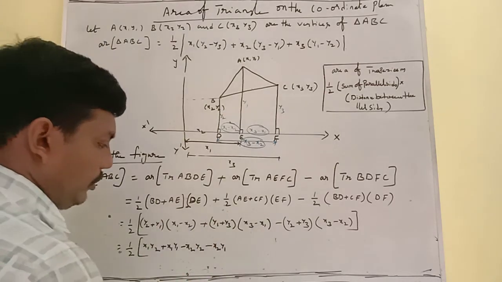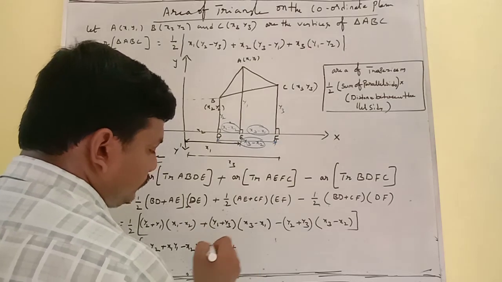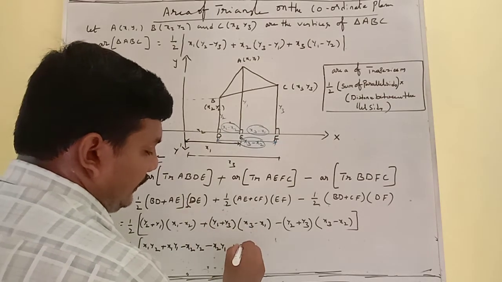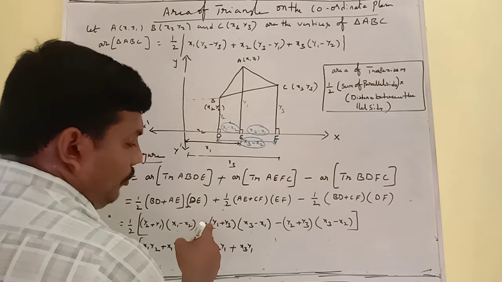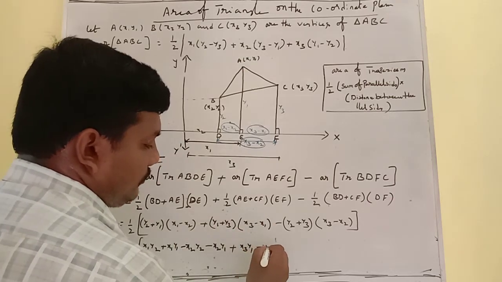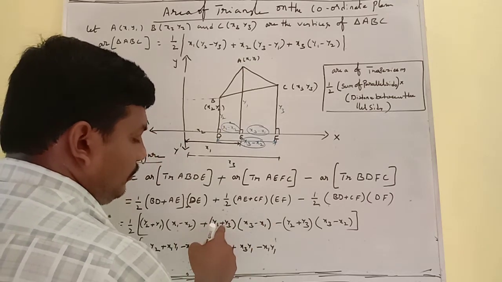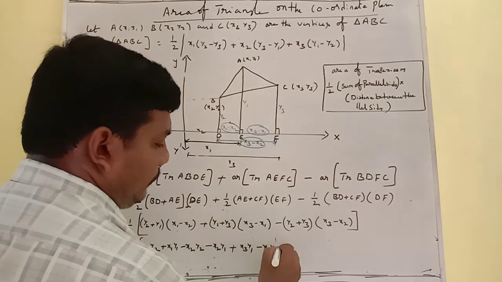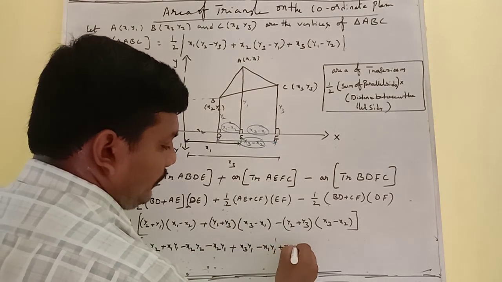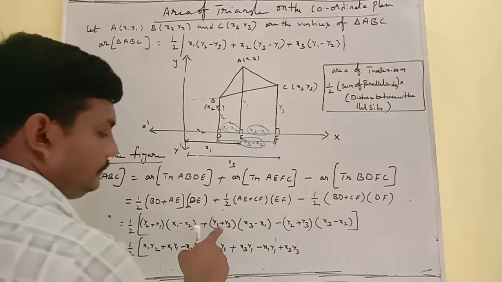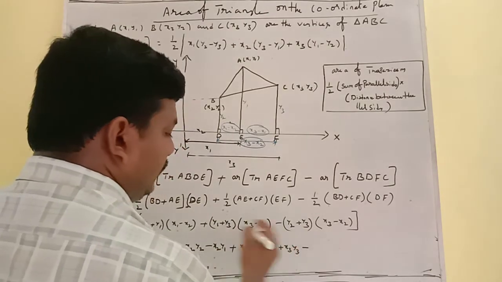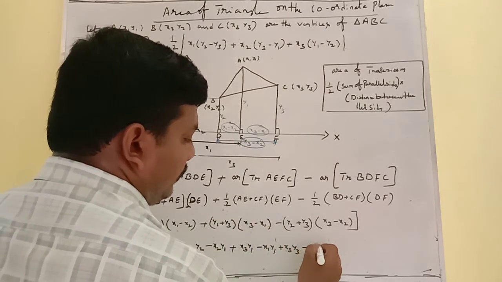Then coming to the second product. Plus y1 x3, that is x3 y1. Y1 x1, that is minus x1 y1. Next y3 into x3, that is plus x3 y3. Next plus into minus x1 y3.